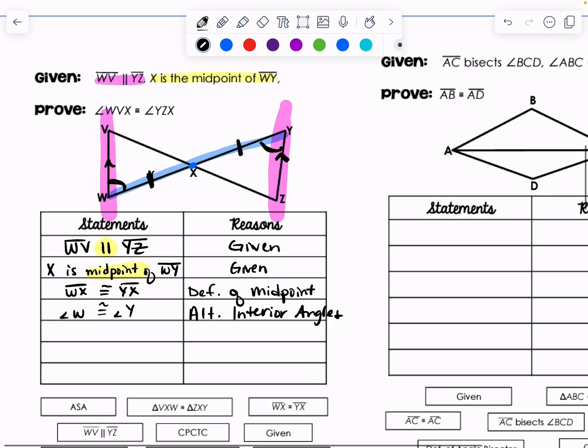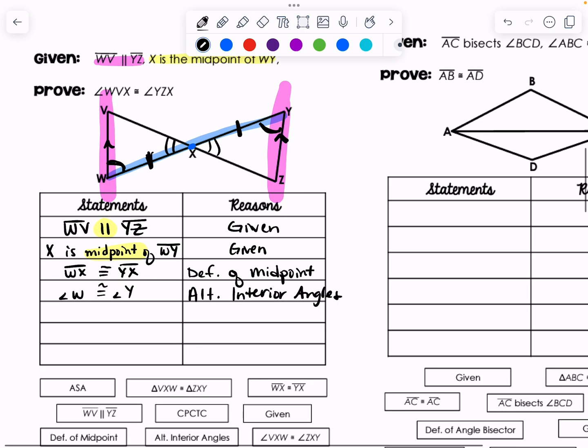And then I have one more thing that I need, and I'm going to grab this vertical angle in the middle. I have to use three letters for this one. So angle VXW is congruent to angle ZXY, and those are vertical angles.